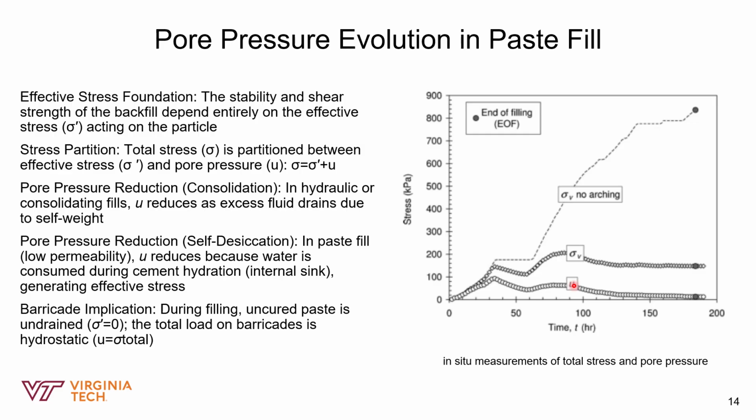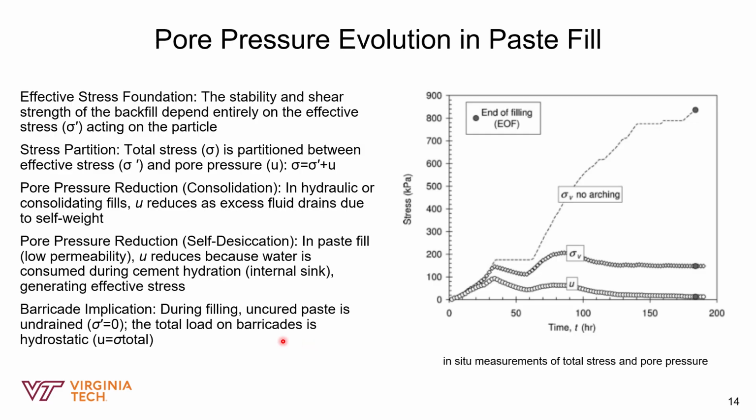It's being consumed by the cement to form hydration products that I talked about earlier. So the drop in the pore water pressure is indicative that the cement is hydrating with the water and forming hydration products, and that is what is making the backfill stronger.